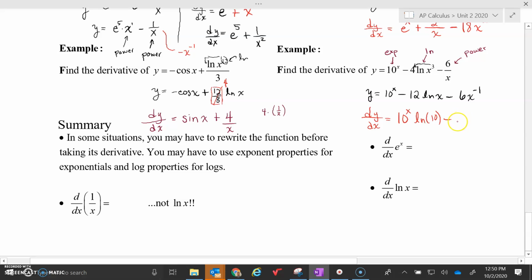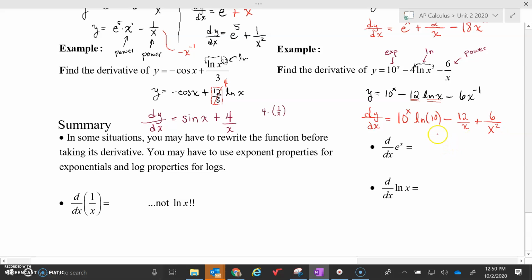I know students that have done that the entire year, and then I know students who jump to the shortcut a little bit quicker than that. So anyway, we have this 12 and then we have this ln x, so we're taking the derivative of ln x basically, and it'd be 12 times 1 over x, or 12 over x. Alright, and then this other part would be plus 6 over x squared.